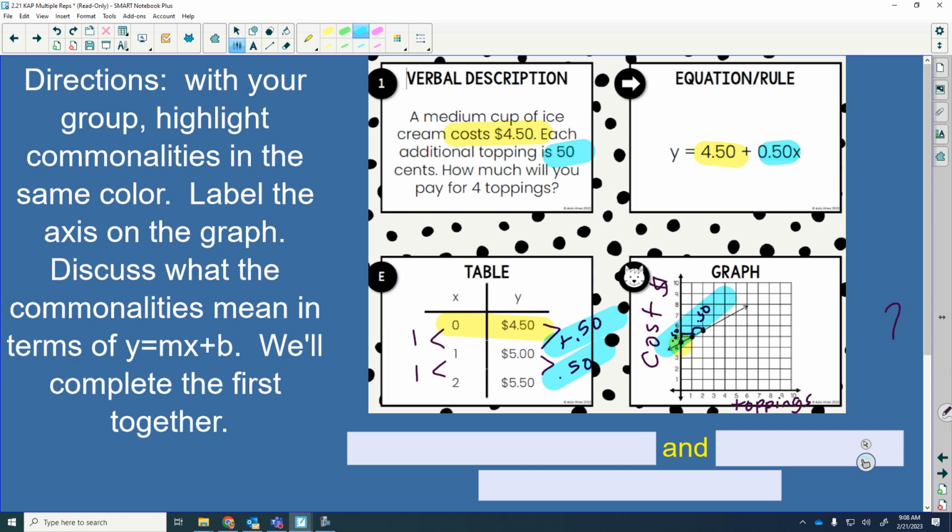Okay? So now, the final thing I want you to do, it says in the directions, is to discuss what those commonalities mean in terms of y equals mx plus b. Okay? So the yellow one, which is the 4.50 for me, would stand for what?